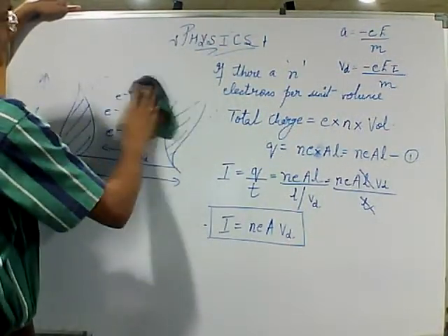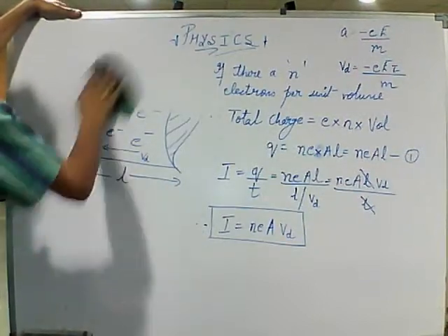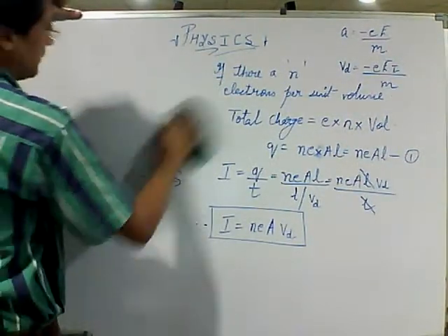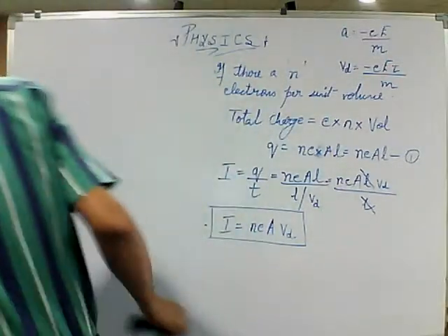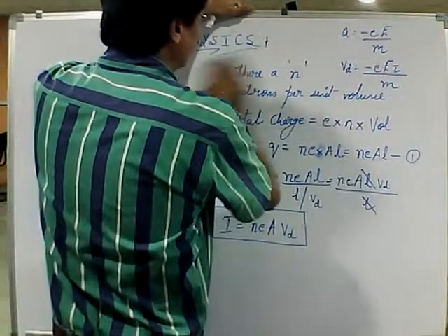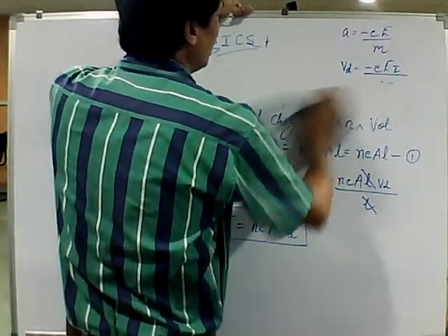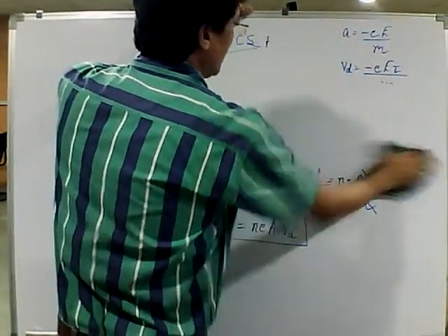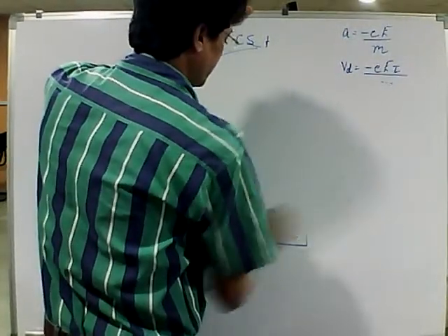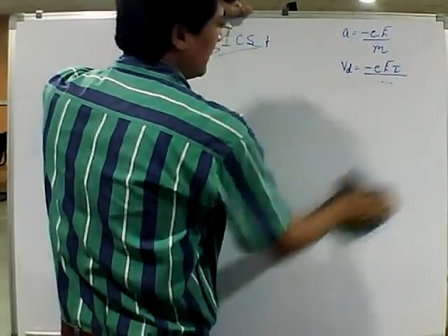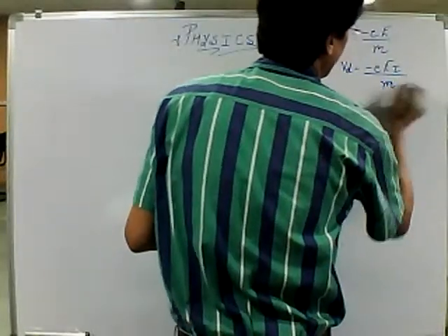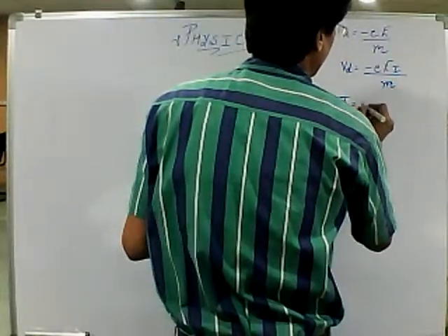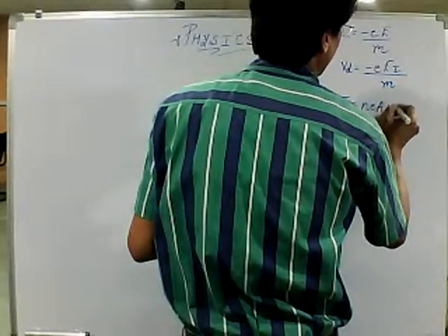And again, one important point now we'll do. Now let us deduce Ohm's law with these parameters. So I have come out with another expression, that is the relation between current and drift velocity, that is NEAVd.